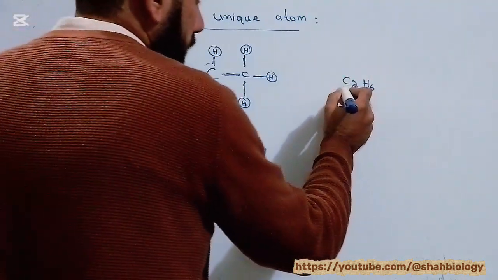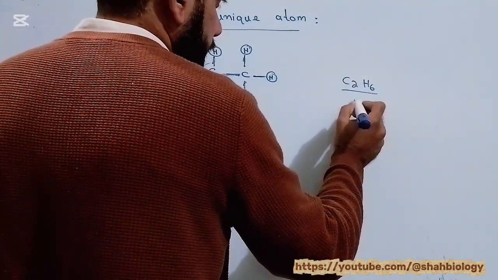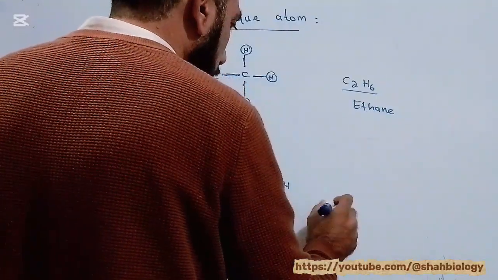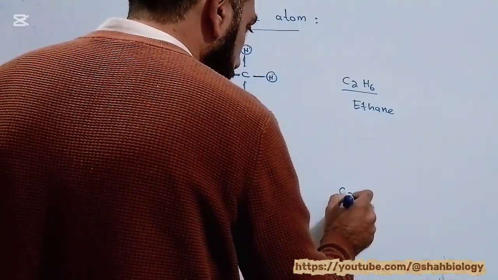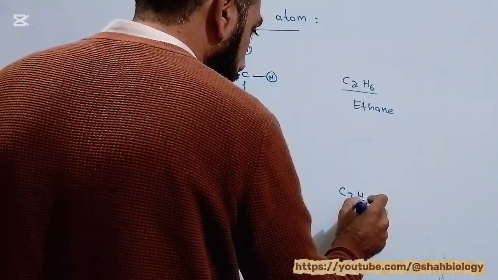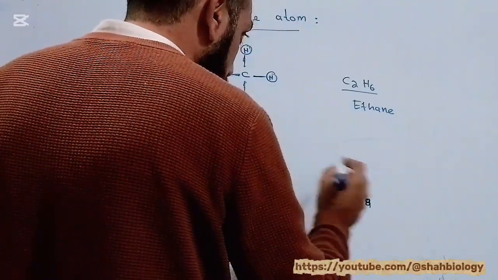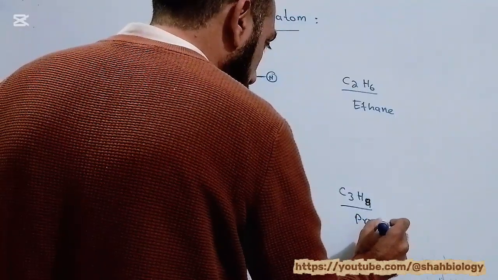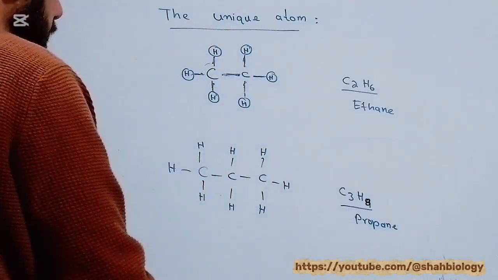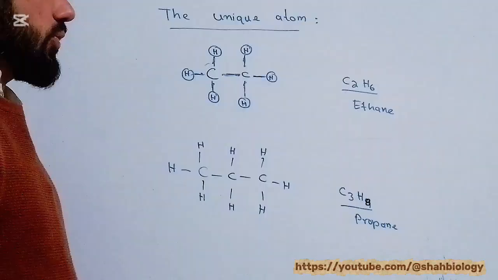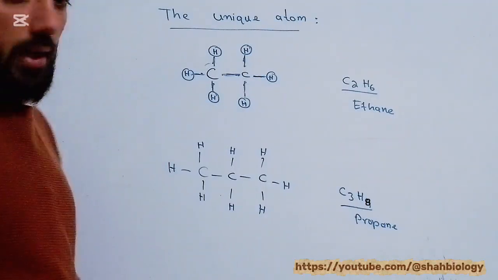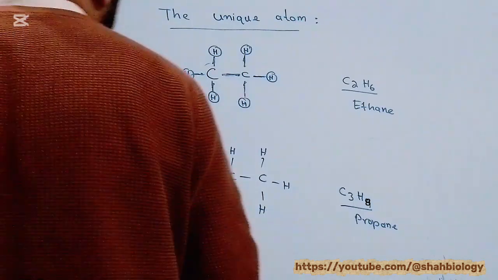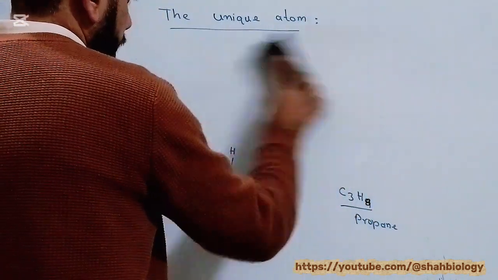Methane, this one is ethane, and the third one is propane. From 1 to 10 carbons, it makes longer chains of straight hydrocarbons.